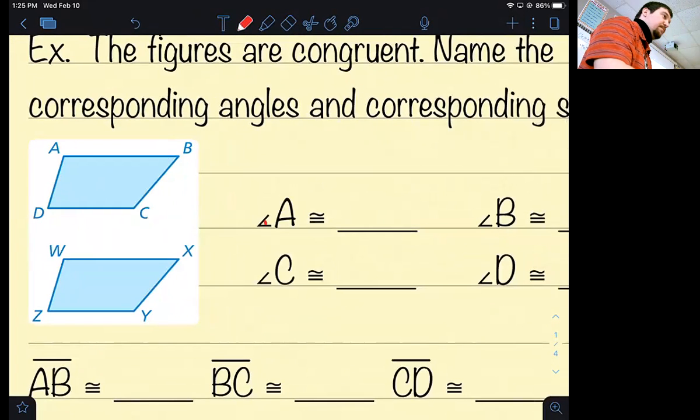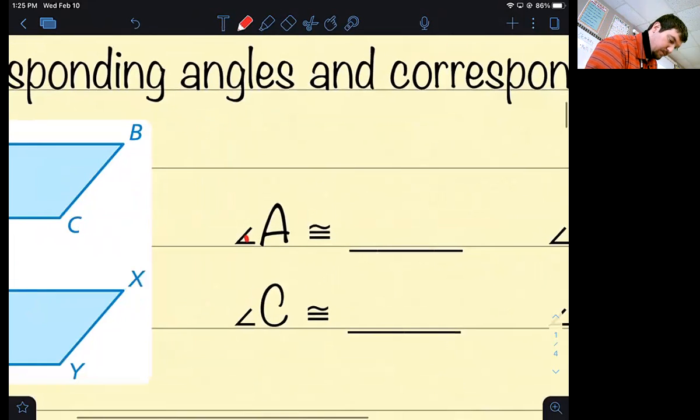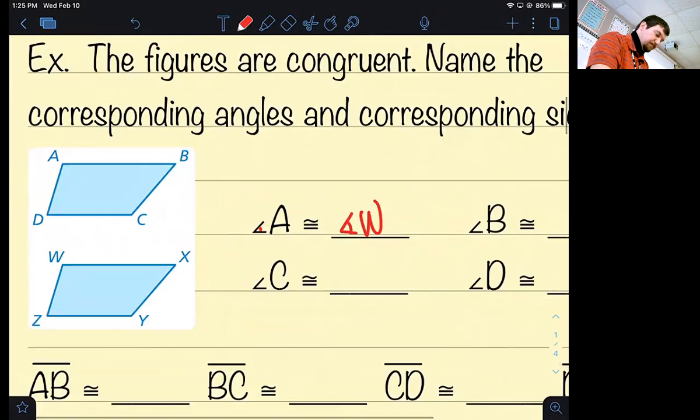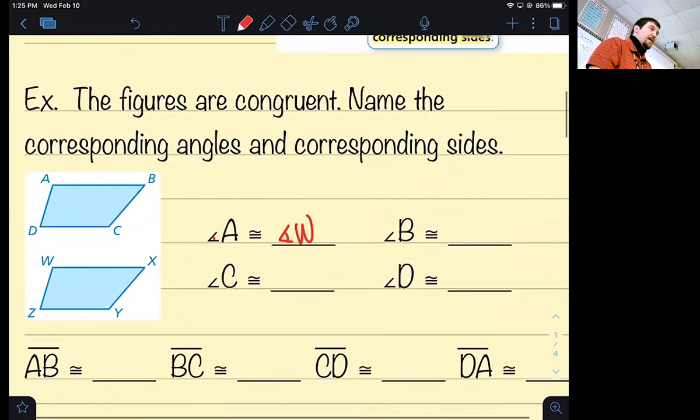So on the bottom trapezoid, which angle corresponds with angle A? Madison Davis, what do you think? Angle W. Okay. Good. What about angle B, Caroline?